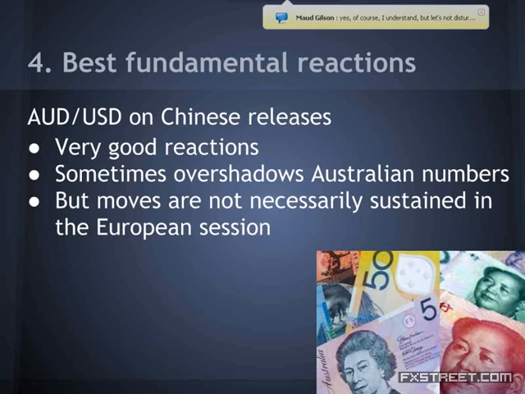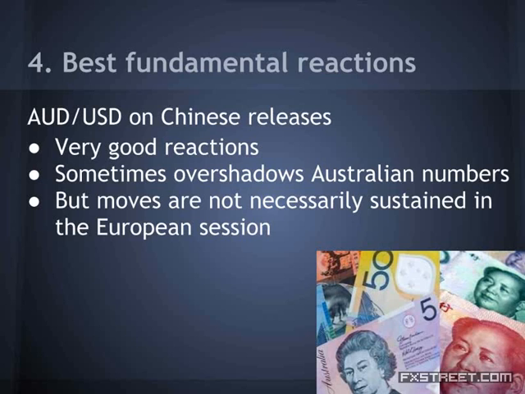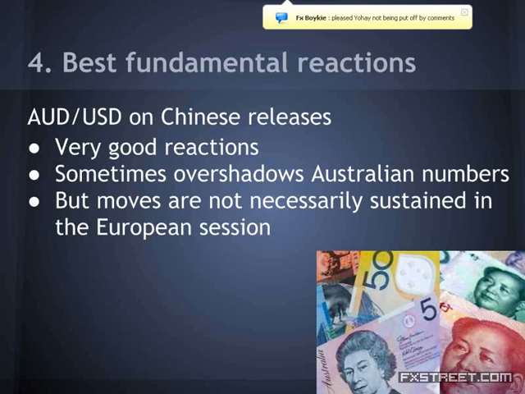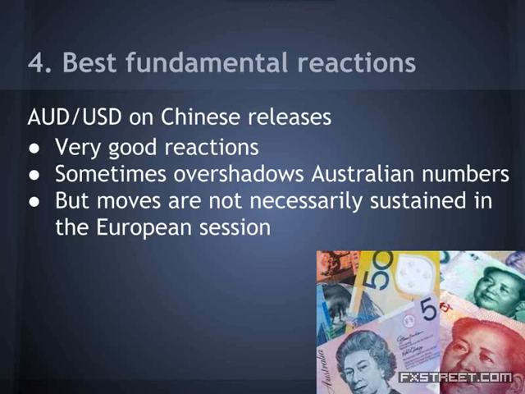Half an hour later, there's an important Chinese release. Chinese events such as GDP, CPI, retail sales, industrial production, or of course the manufacturing PMI are very important figures to watch for the Australian dollar against the USD.